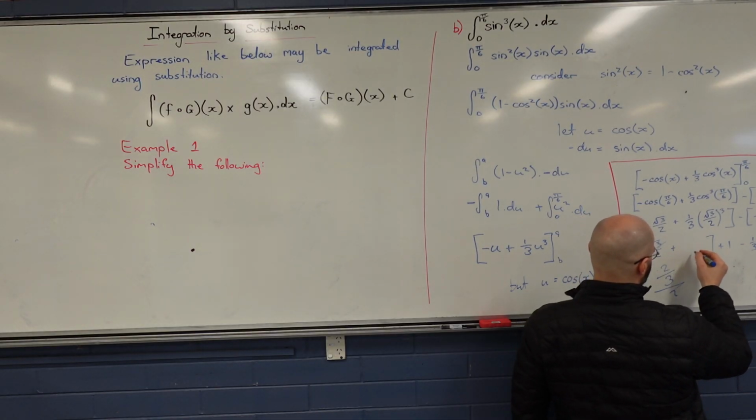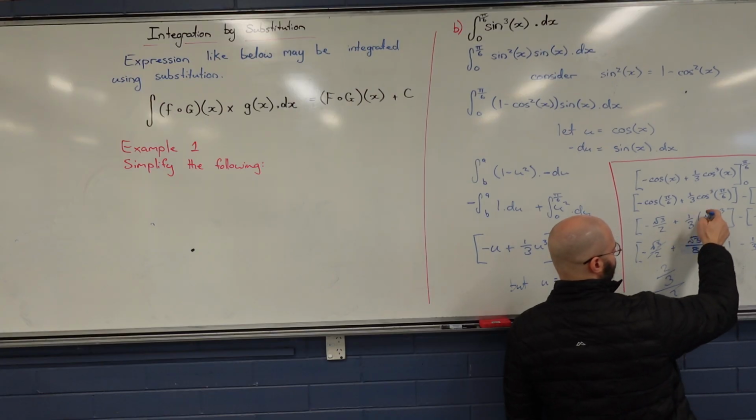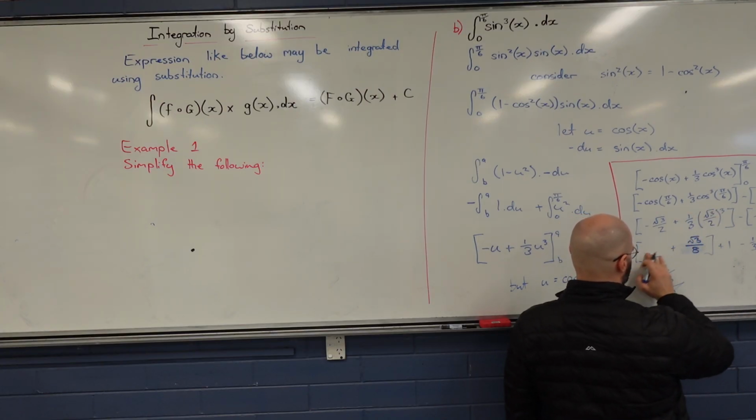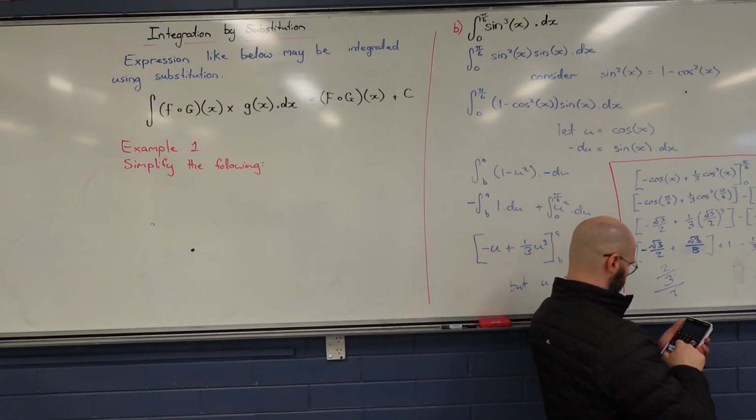That's why it will be this one. 3 8s are 24. The 3 cancel with the root 3 there. Yeah, it's a good funky answer. Just gonna put this one in the calculator.